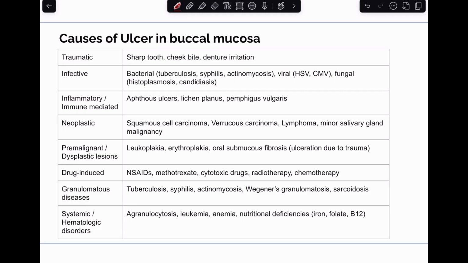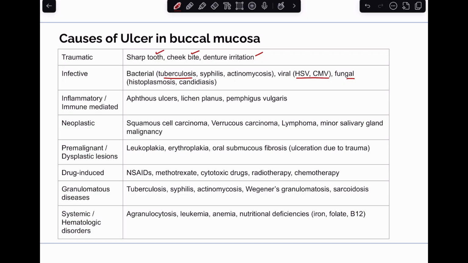So, we have traumatic causes like the presence of a sharp tooth, or maybe a cheek bite, or any denture irritation that could be present. Next, we have infective causes, which can be bacterial, viral, and fungal. Examples of bacterial could be tuberculosis, syphilis, actinomycosis. Viral ones could be herpes simplex virus or cytomegalovirus, and fungal infections could be histoplasmosis, candidiasis.